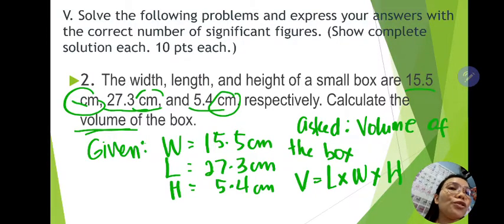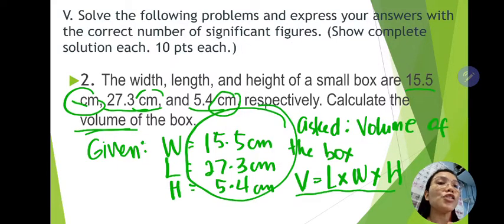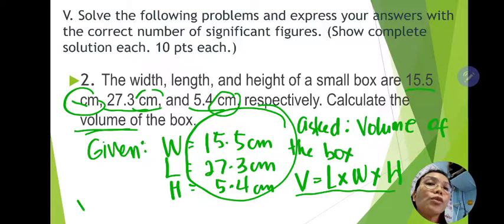Okay, so kung nare-recall nyo, mag-ano kayo ng konting review for the volume of the box. Ito yung formula natin. So, ito naman yung mga given natin. What we will just do will be to multiply each one of them with each other.